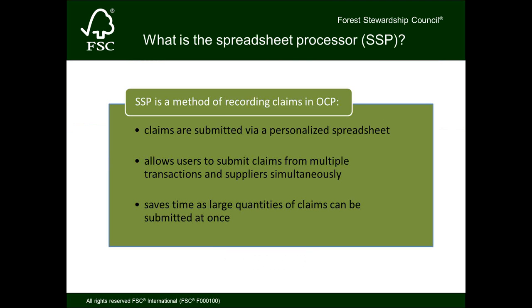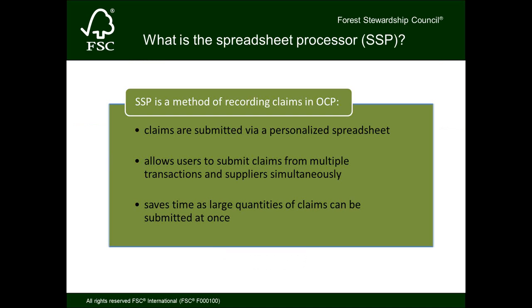So what is the spreadsheet processor? The spreadsheet processor is one of the three interfaces that exists for the online claims platform. The online claims platform is used to record the claims that are made by the people who you purchase from within your supply chain. So when you purchase FSC certified material, you use the online claims platform to record the claims that your supplier made.